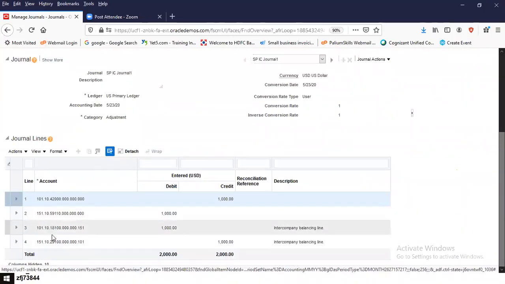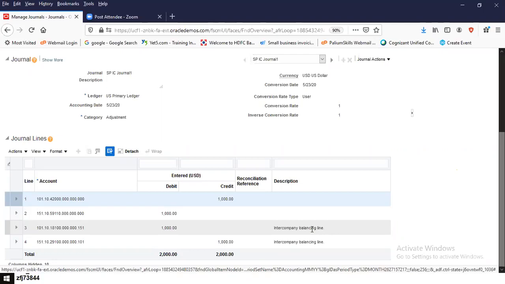Now we have four entries here. We entered two. The corresponding intercompany balancing line has been generated by the system. Everybody followed this? So this is the purpose behind the intercompany setup.